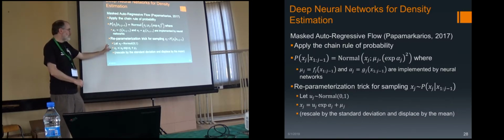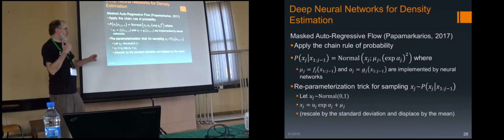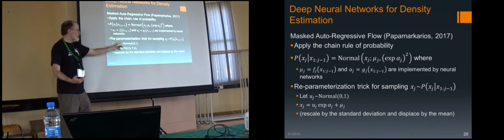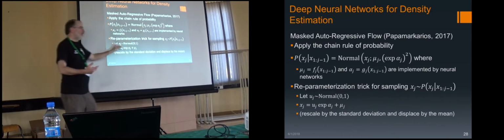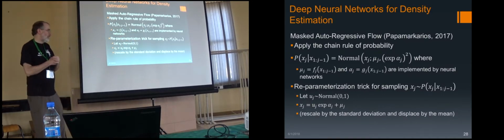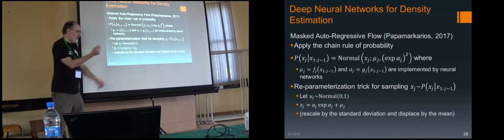This is a standard technique: if you have a random number generator for standard normal Gaussians and you need a random number from this Gaussian, you scale the random number and then shift it by the mean.